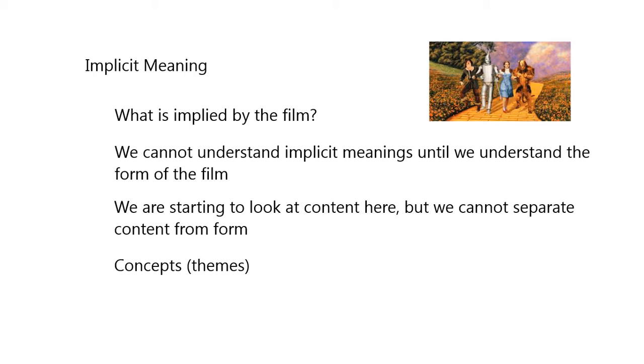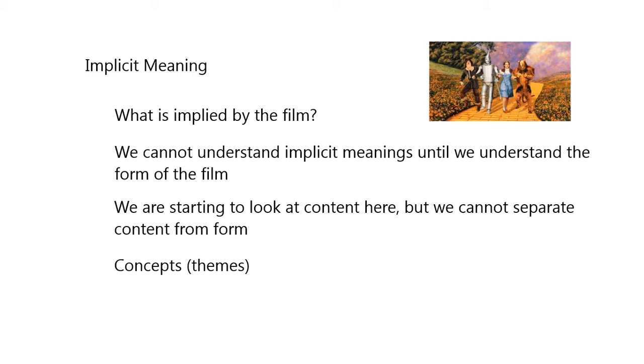So it is through implicit meaning that we start to get the themes or the concepts of the film. So for instance, Wizard of Oz is about love, it's about faithfulness, it's about courage, it's about working together.